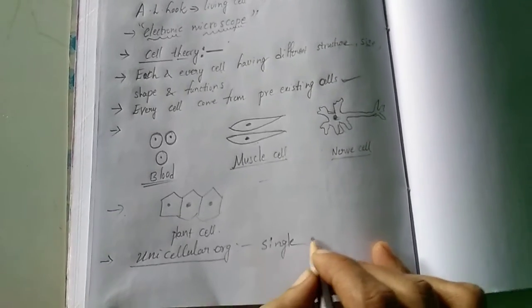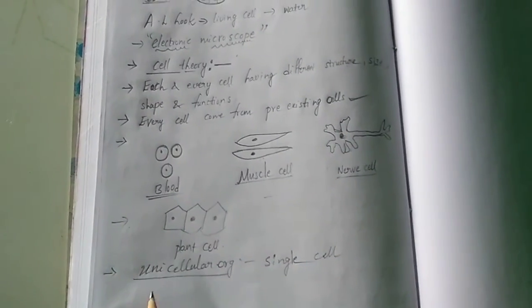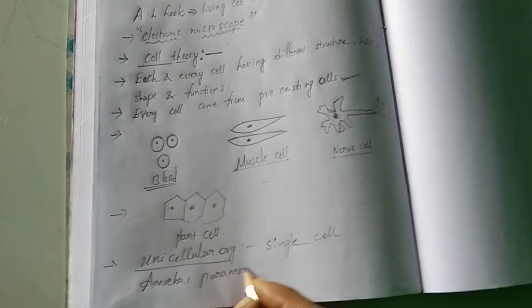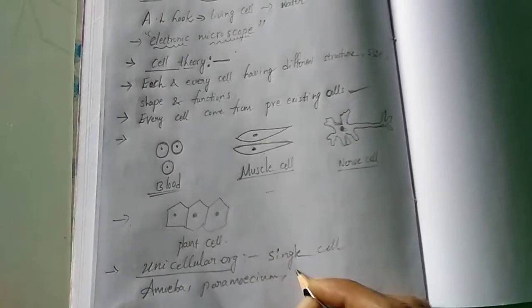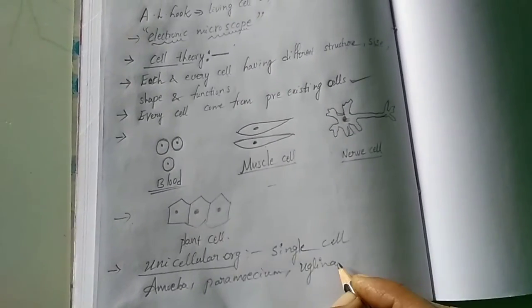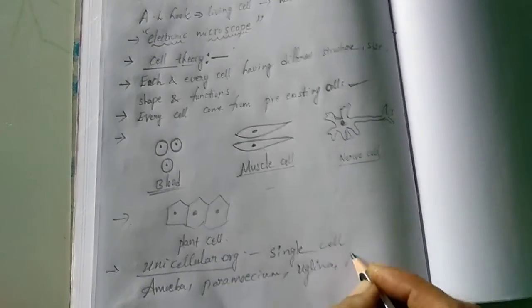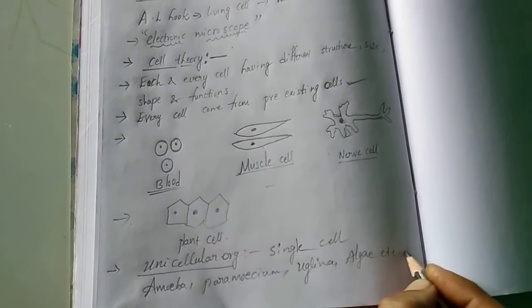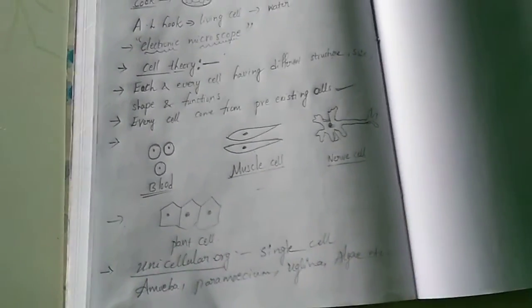For example, we may consider amoeba, paramecium, euglena. Some bacteria, algae, etc. are all unicellular organisms. So uni means single cell.